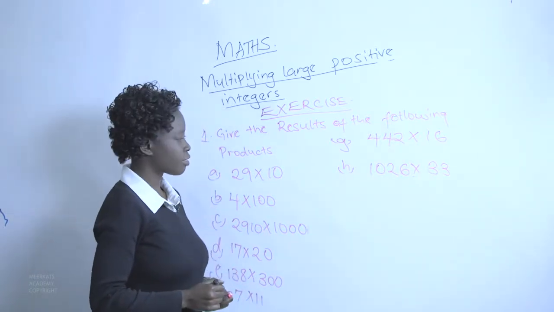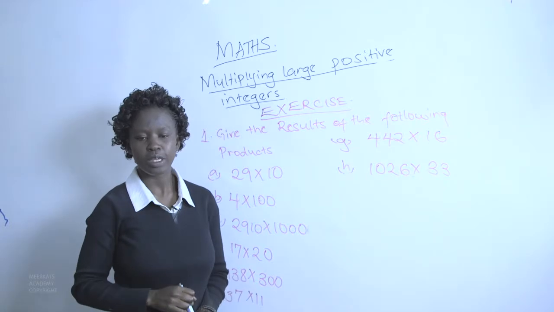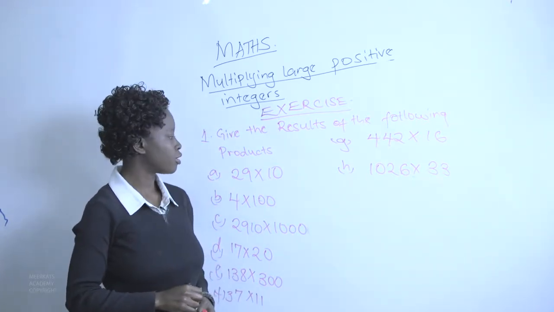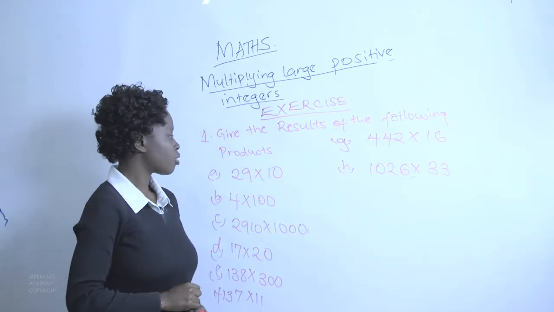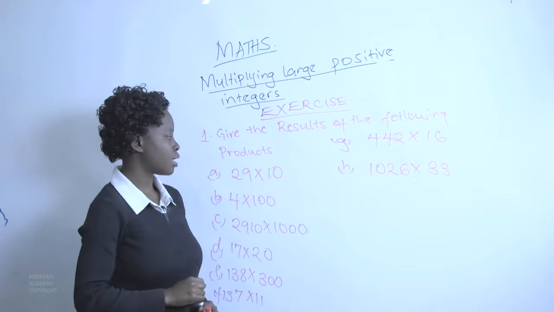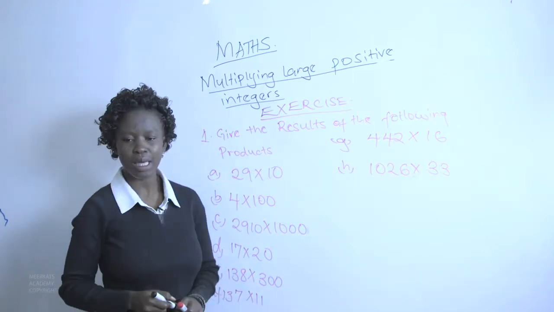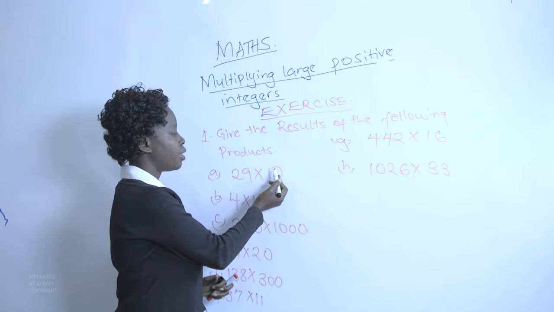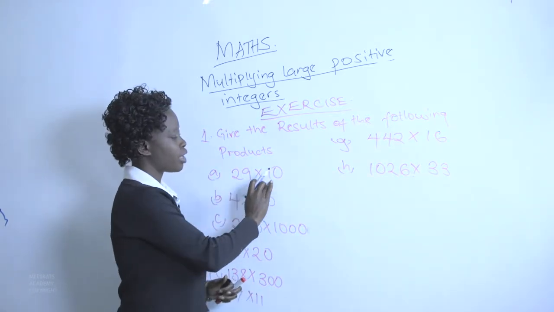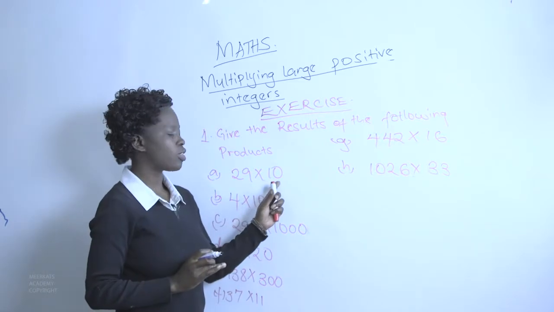So having that exercise, we can go through it together so that we get the solution. The first question, we have 29 times 10. When you're multiplying by 10 or powers of 10, we simply find out the number of zeros that we have.